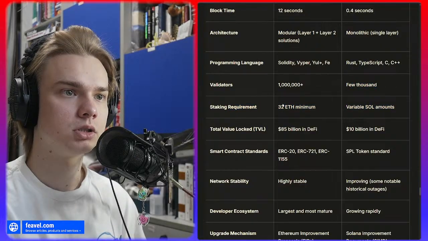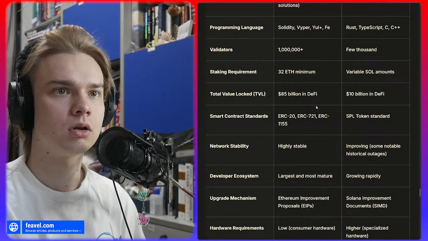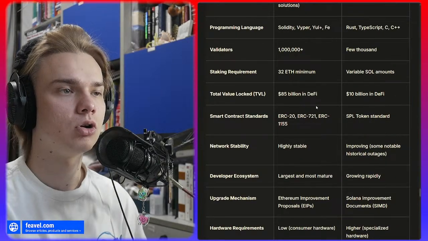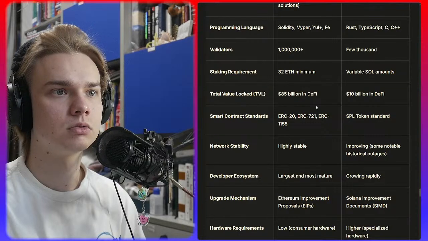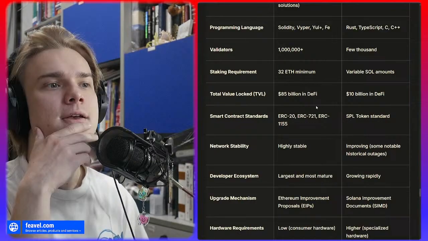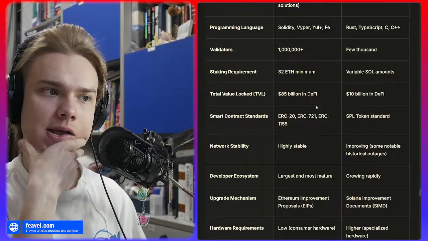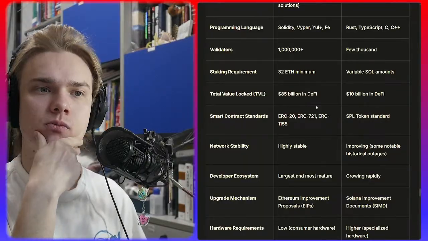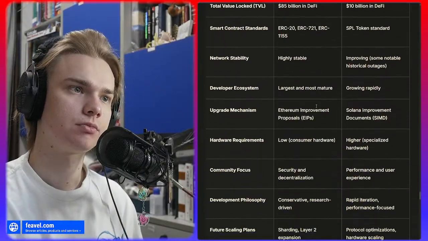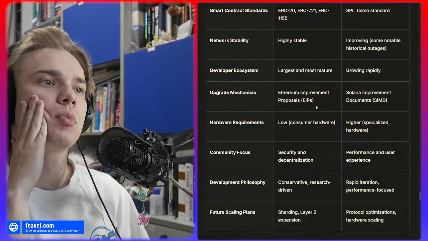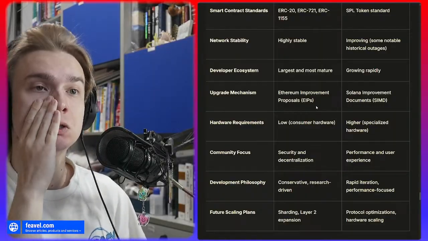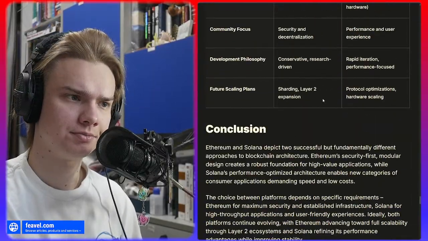Staking requirements. Total value locked. Smart contract standards. Network stability. Upgrade mechanism, Ethereum improvements, Solana improvements, etc.